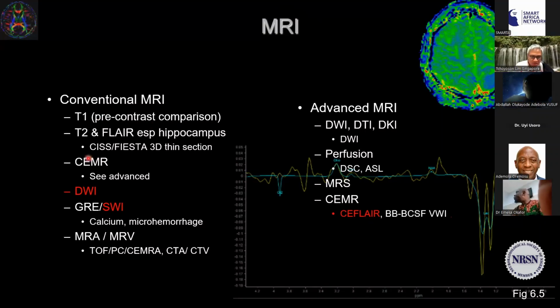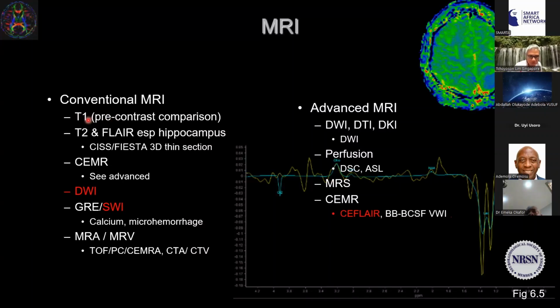The contrast-enhanced MRI will need the T1 for comparison because high signal on T1 caused by methemoglobin in blood, protein, and other causes should not be mistaken for an area of enhancement, which is quite important in infection.